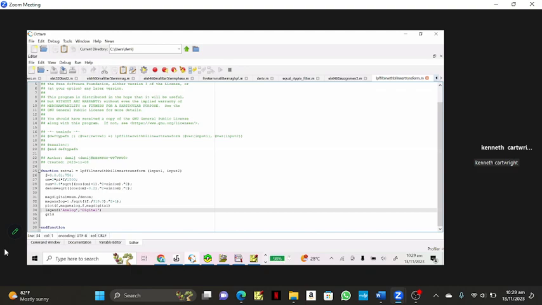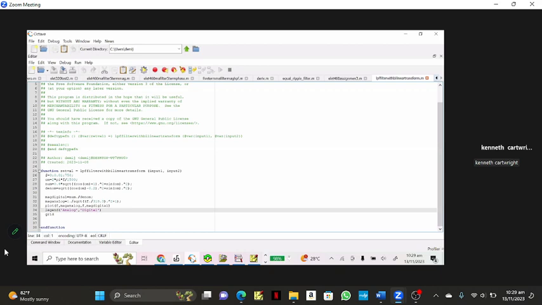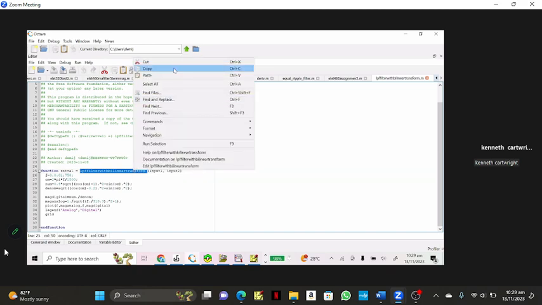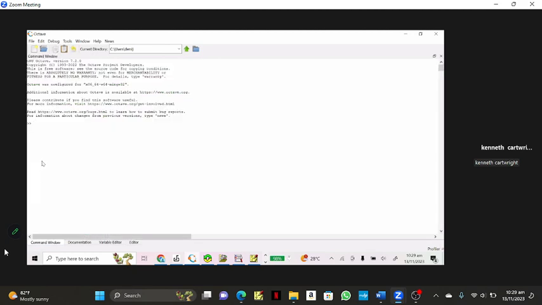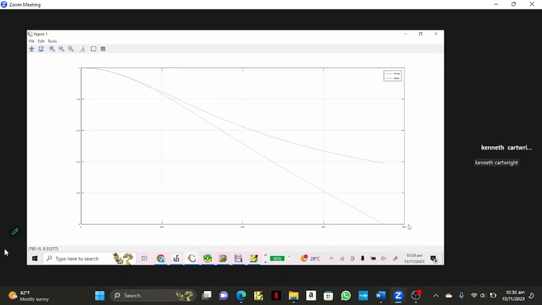And this is the software from last class. Let me remind you, it shows the filter not designed properly because we didn't know about pre-warping last class. Let me show you what we had last class. And there it is. Okay.